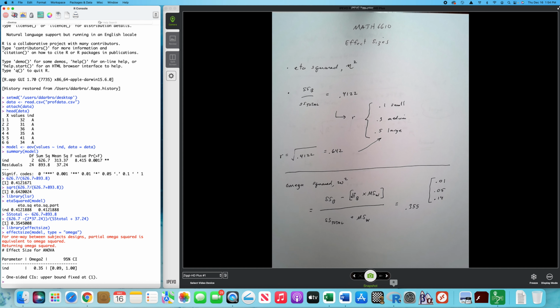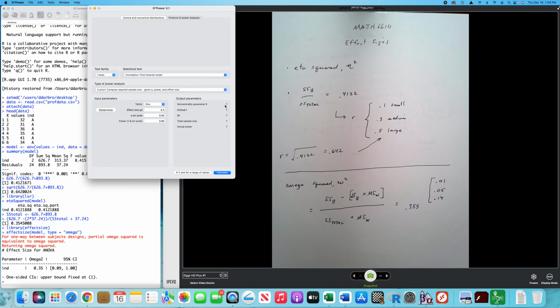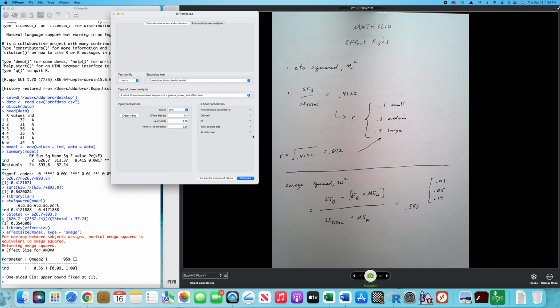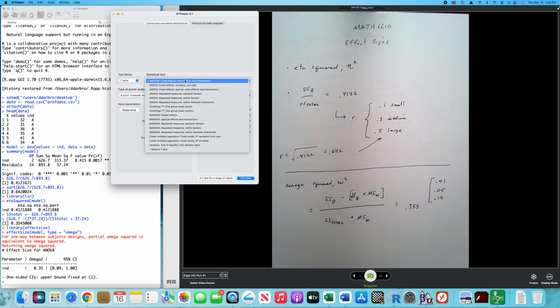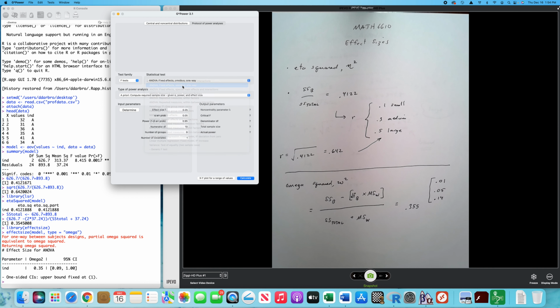Now, the reason this is nice is because if we go to calculate the power, one thing we should know by now is that when conducting ANOVA, we are residing in the F distribution, so we use the F test. And we're going to choose the ANOVA fixed effect omnibus one way.